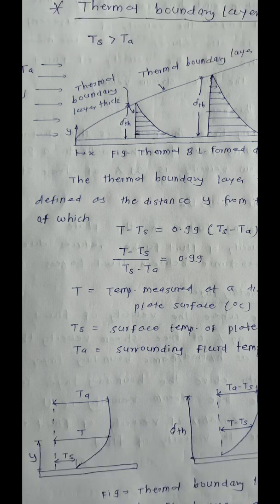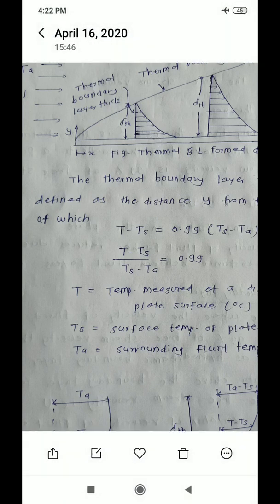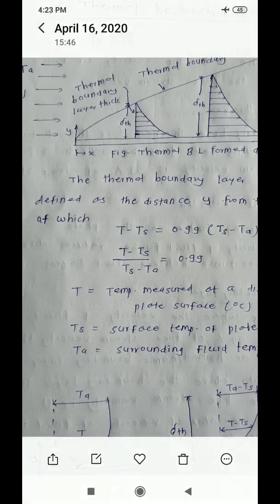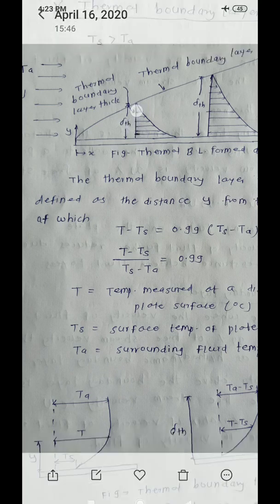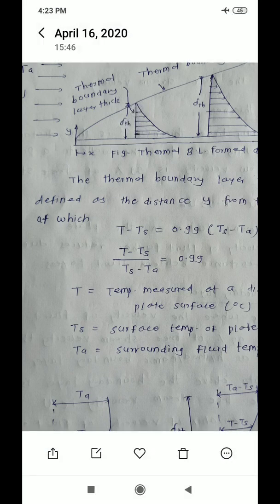Because of that, maximum heat transfer takes place to that adjacent layer, so the temperature at this layer is higher. When we move in the upward direction, the temperature of each layer reduces.